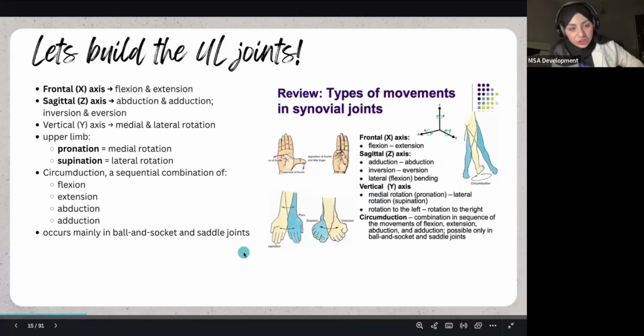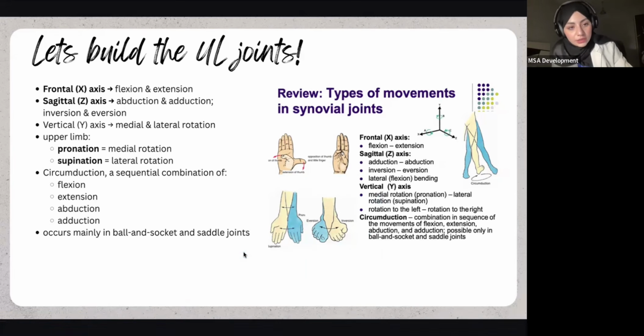And yeah, that's pretty much it. Just one thing about pronation and supination. So this is pronation, this is supination. It's pretty easy. But for inversion and eversion, or internal rotation and external rotation, it can be a bit confusing in joints. So don't look at how your arm is moving. Imagine how the ball and the socket is moving.